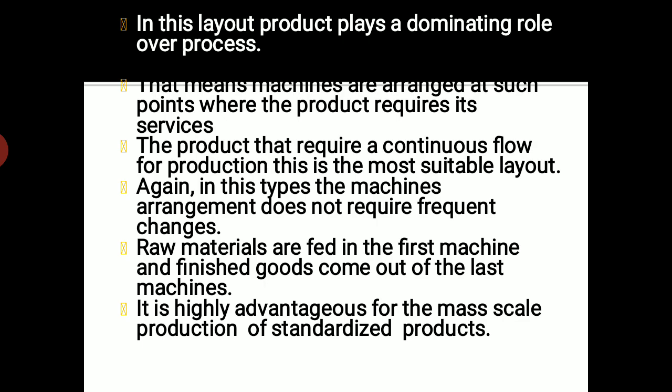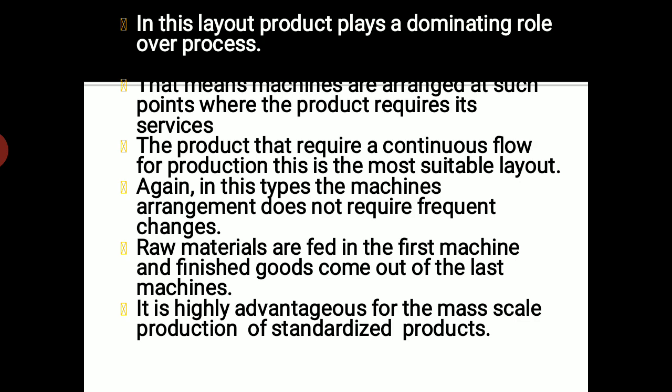Suppose we continue with the aluminum sheet example. If at the first machine only cutting is being done, in the second machine say only the polishing of the sheets is being done. That means the type of service that is required is arranged in a proper sequence.